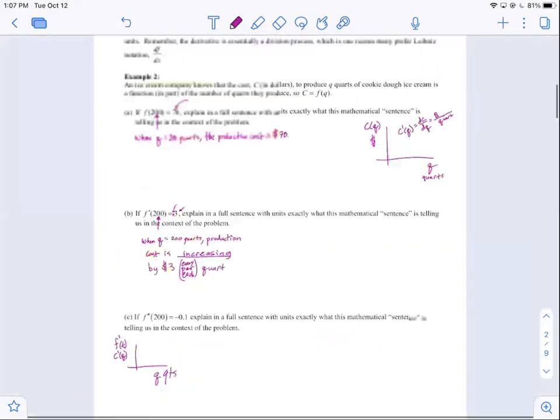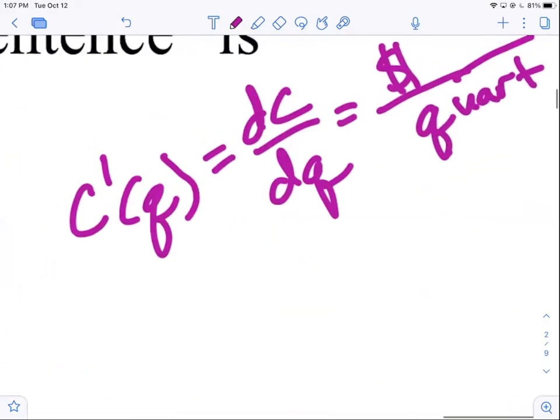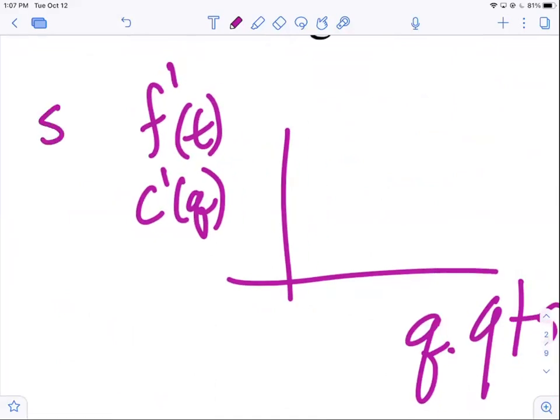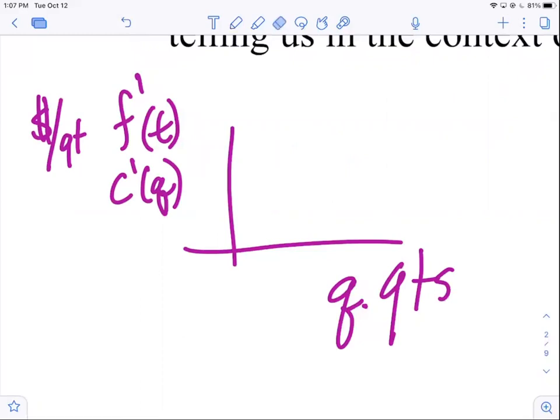So the first derivative was dollars per quart. So now, if we graph the derivative, we have dollars per quart on the y-axis against quarts on the x-axis. And therefore, the derivative of the first derivative, which we call the second derivative, it'd be c double prime of q.